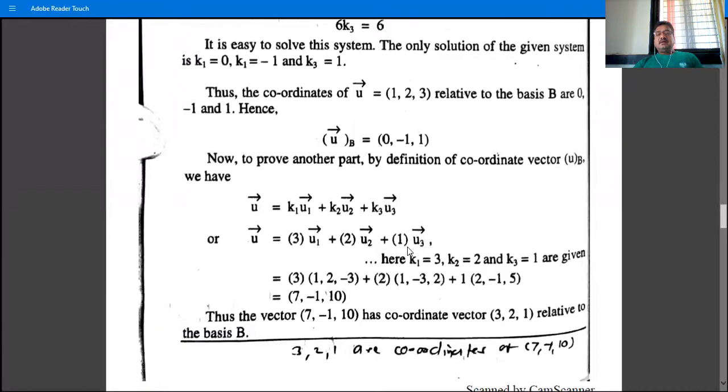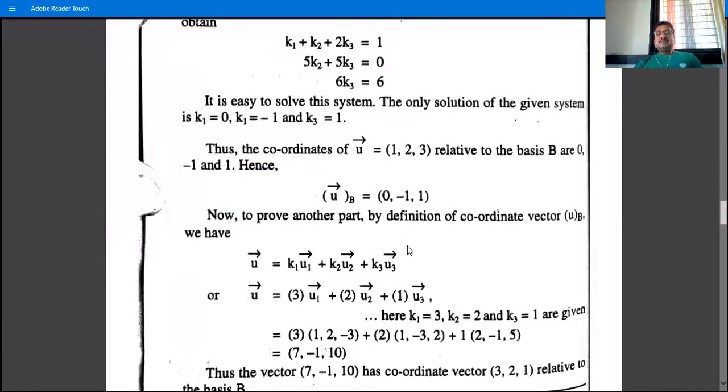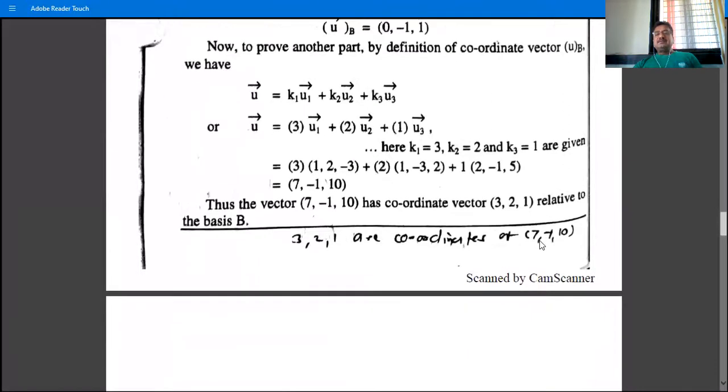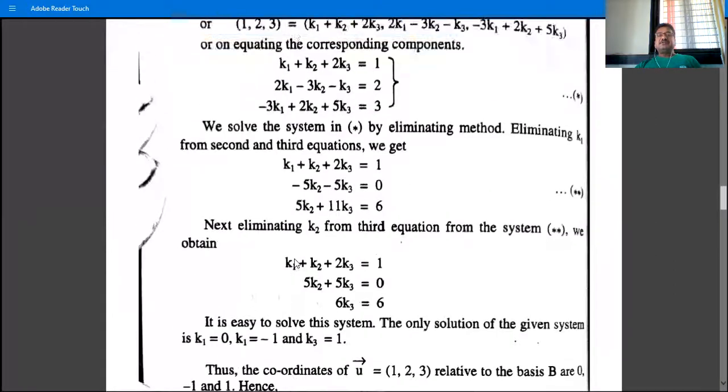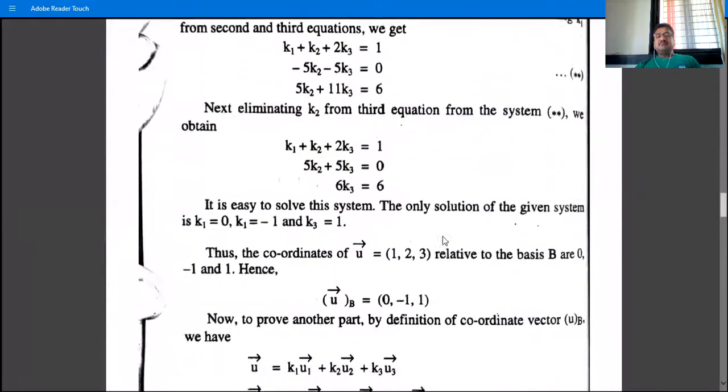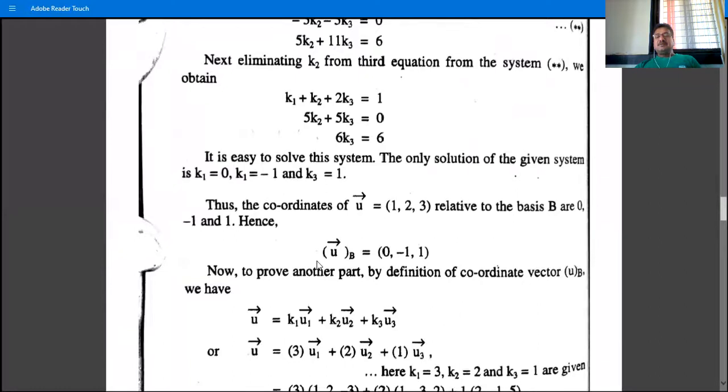And if there is another basis, then there is another element, suppose 7 minus 1 10 as the element, then we can also find its coordinates and coordinate vectors relative to the same basis. This is another problem from this step.